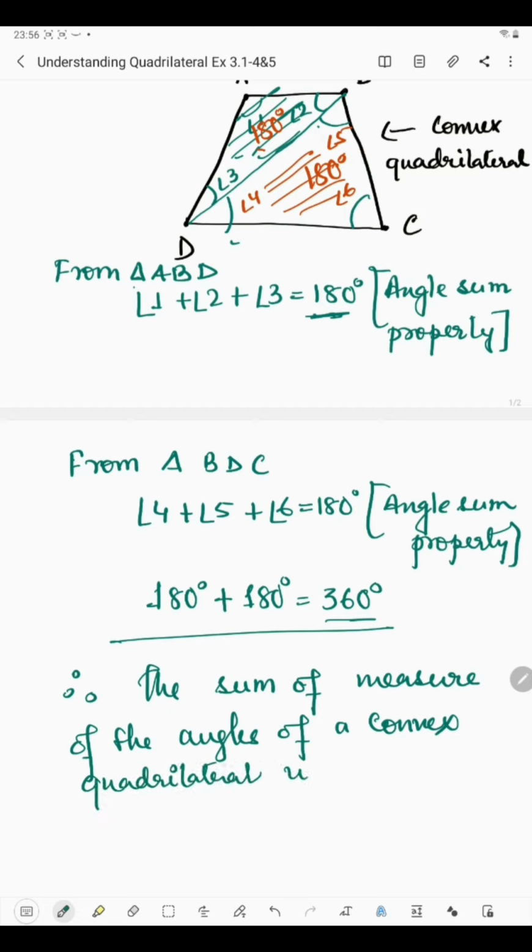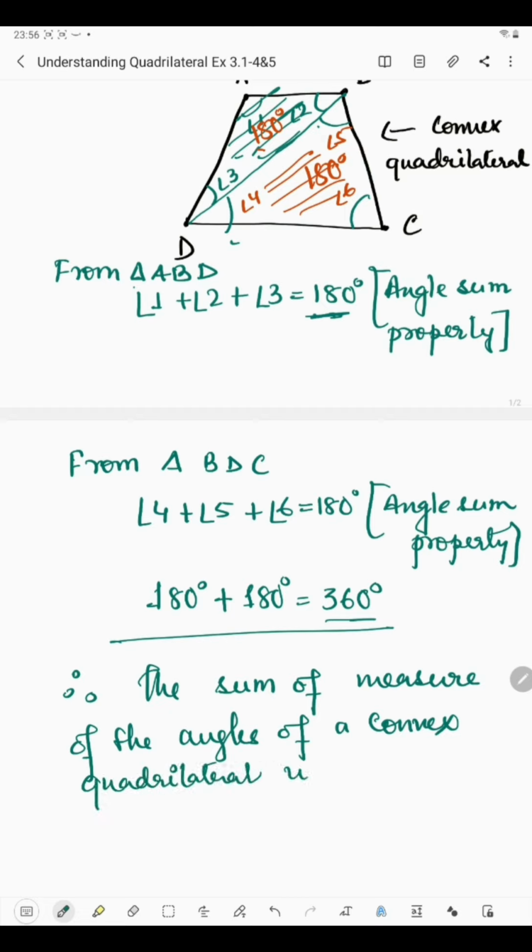Suppose this is the shape of a concave quadrilateral, in which these are the vertices, suppose A, B, C, D, and we can see that vertex C is going towards the inside.